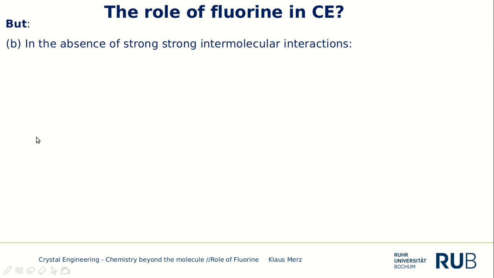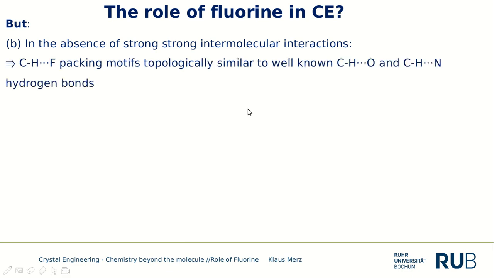The second is, if no strong intermolecular interactions are present, no strong hydrogen bonds, no strong halogen bonding, no strong pi-pi intermolecular interaction, then with such weak interactions, if you look at the motif of the crystal structure, you will see that the topology of this motif could be similar to well-known interaction motifs with strong intermolecular interaction.